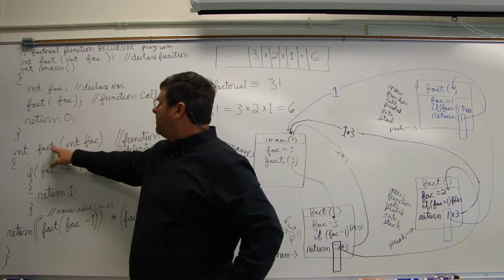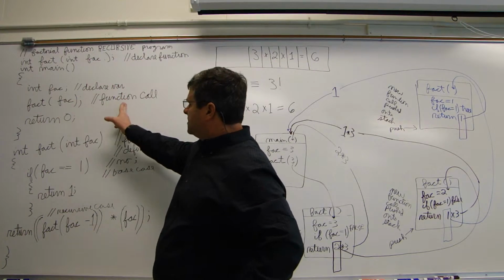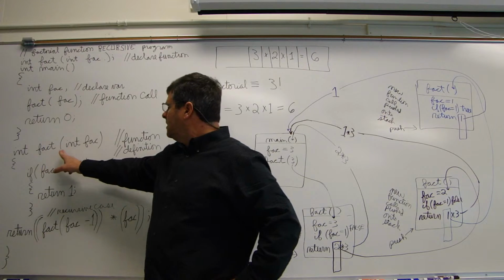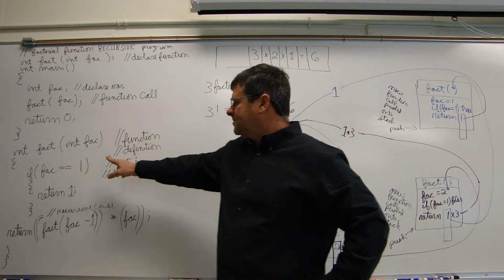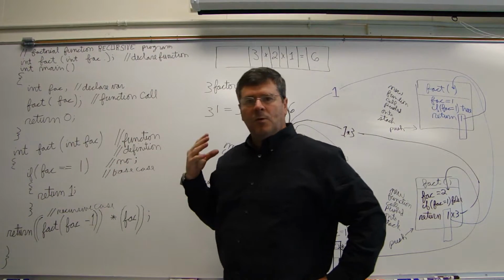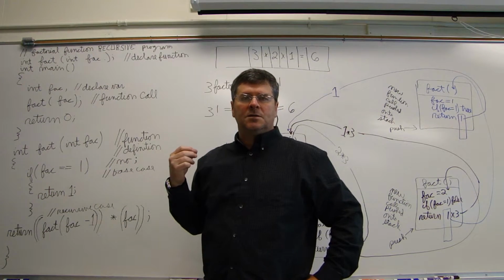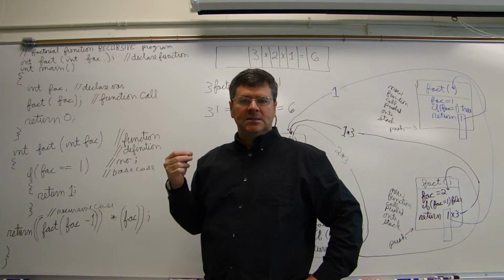Notice that it has the same form as the function declaration and the function call: int fact, with an argument fac of int type, integer type. Now, with recursion, you have to have two parts. There is a base case and there is a recursive case. The base case ends the recursion.